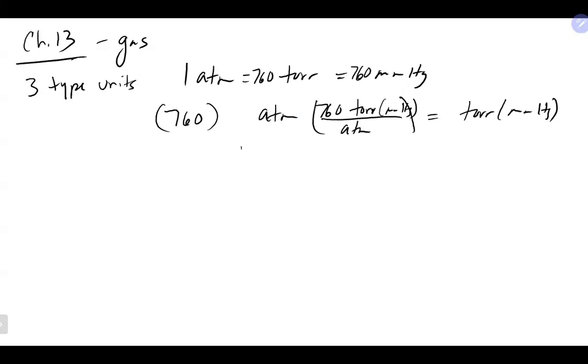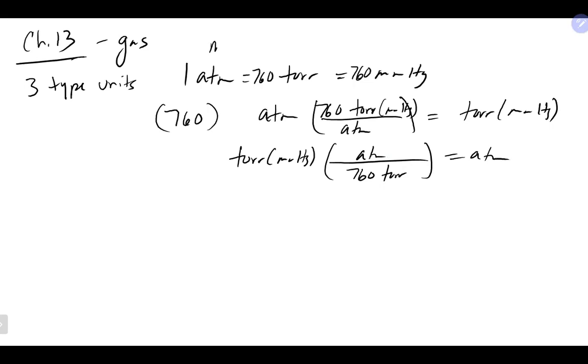And if we have torr or millimeters of mercury and want atmospheres, we divide by 760. That is because a millimeter of mercury is basically the same thing as a torr. It is a one-to-one relationship between those two.